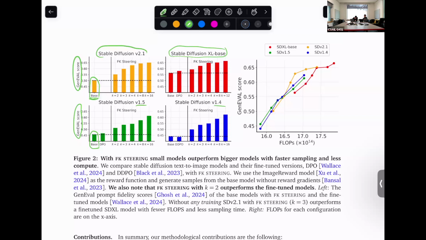So gen eval, okay, and if somebody in the audience, let me know if I'm confusing it with one of the other eval scores, but the idea is that for a lot of prompts, like generate an image of a banana to the right of a green tennis ball, it's a segmentation scheme and then ranking scheme that will decide if the salient parts of your prompt are actually met. So it'll say, okay, I see a banana and I see a green tennis ball, and they are to the right of each other, check. Okay, and how is this automatically computed?